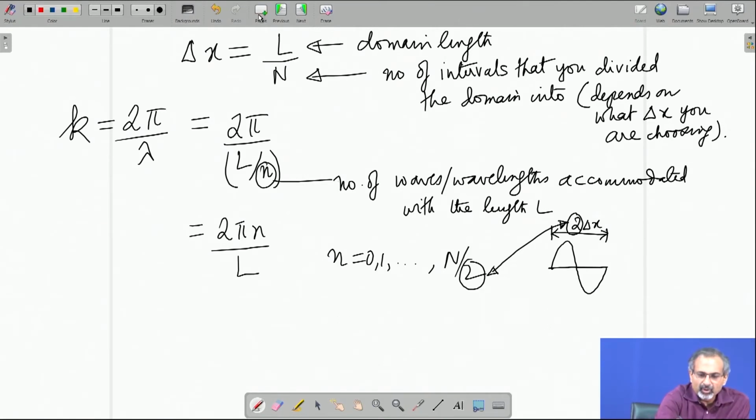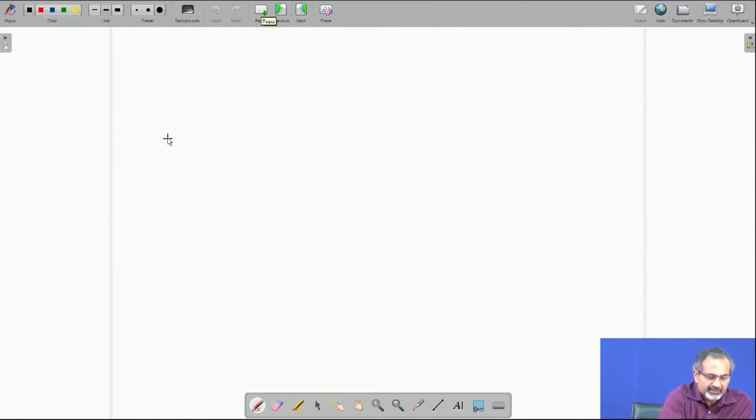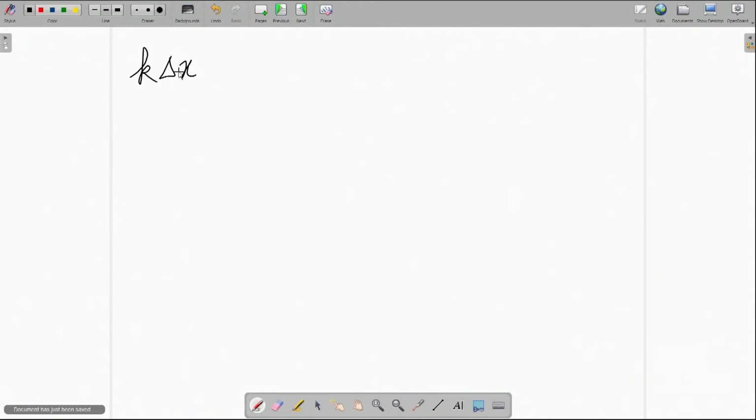Now, the important thing to look at is what is this k delta x that we are seeing in the modified wave number expressions both for the CD 2 as well as the CD 4 scheme. You may be noticing that in both the formulae we are seeing this k times delta x coming up. So, what is this k times delta x?